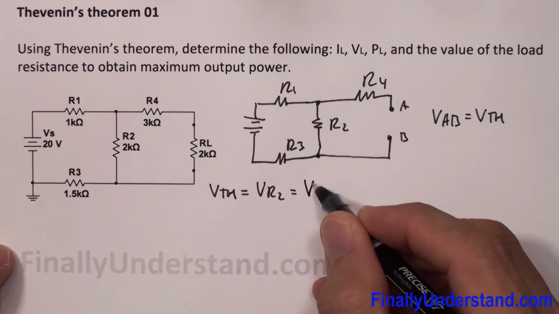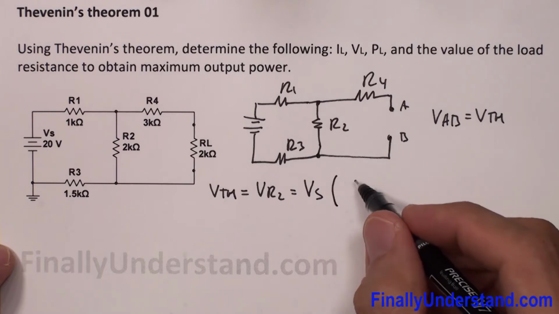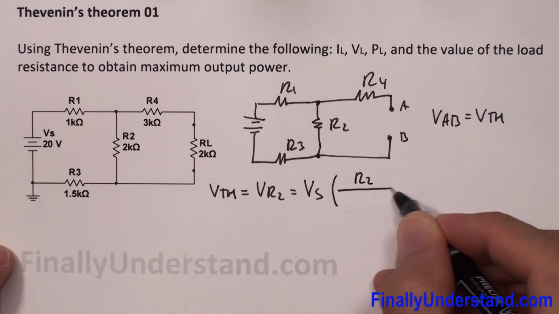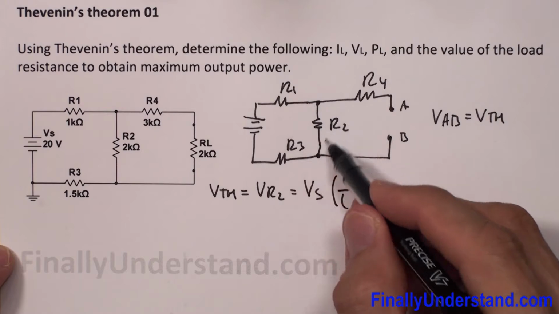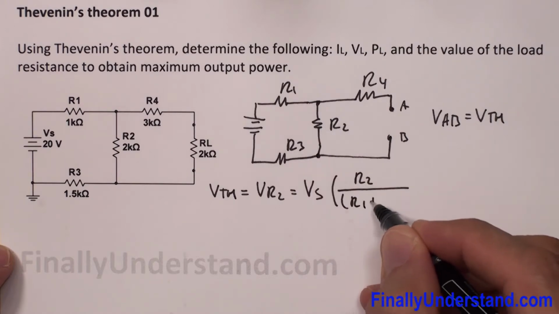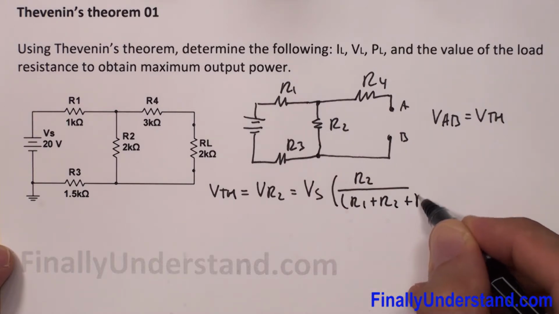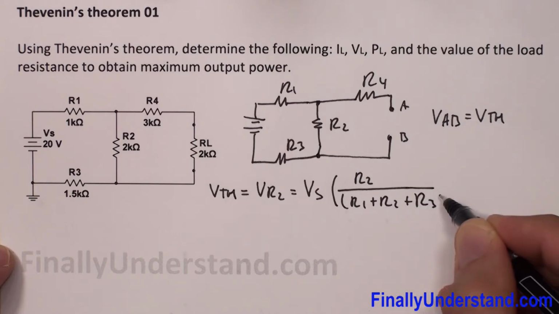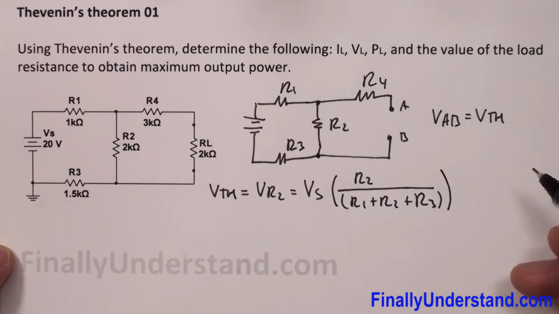So this is nothing else than the voltage source times R2 over the sum of these 3 resistors, R1 plus R2 plus R3. Don't forget that you're supposed to always write the formula first.